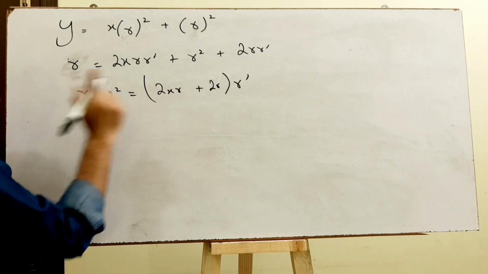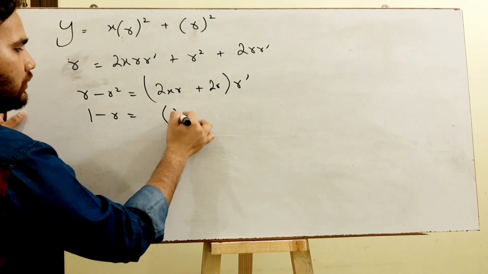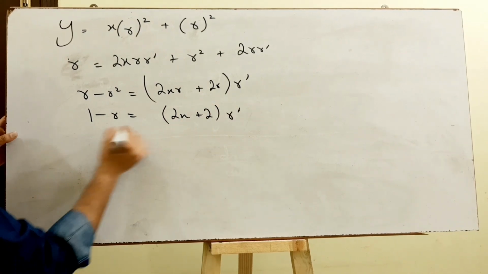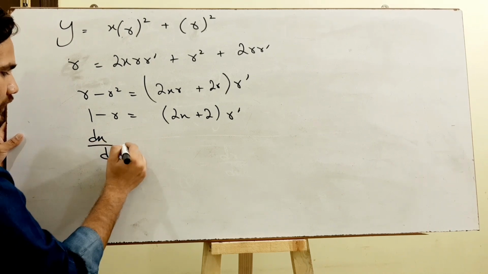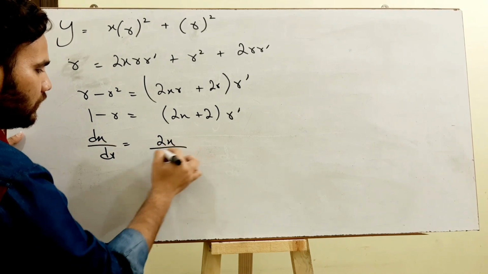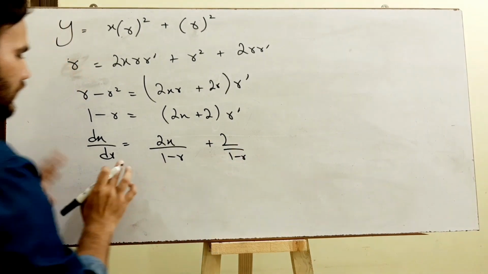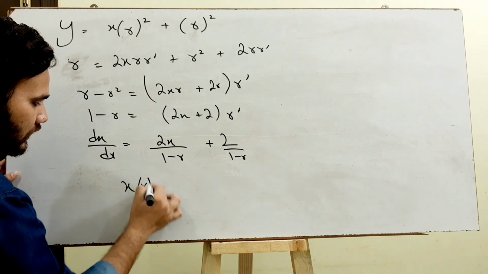So I am dividing by r from both sides, then this will be 1 minus r equals 2x plus 2r prime. Then now rewriting this one as dx by dr equals 2x over 1 minus r plus 2 over 1 minus r.